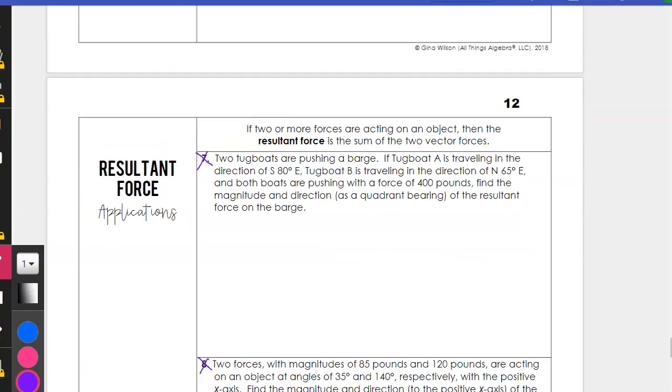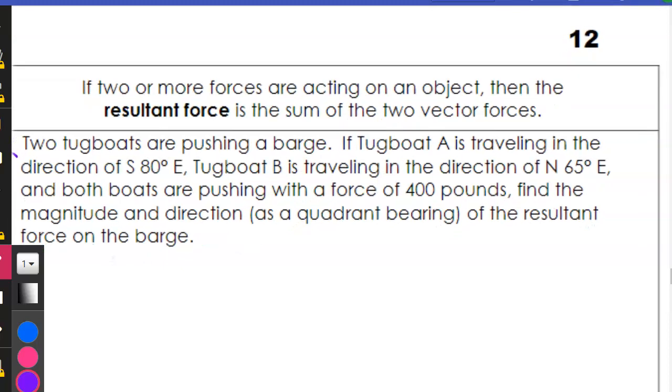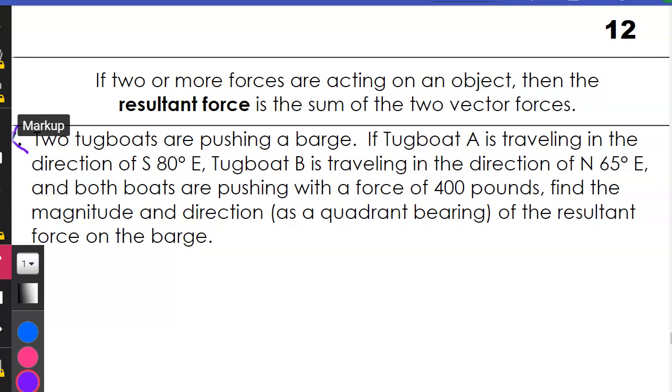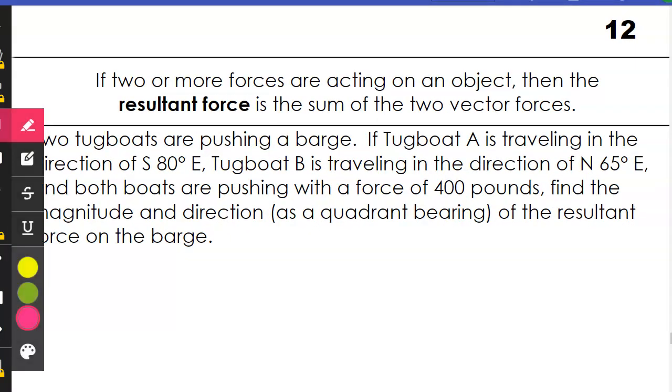Now, before we start this big long word problem, I do want to read this off. If two or more forces are acting on an object, then the resultant force is the sum of the two vector forces.